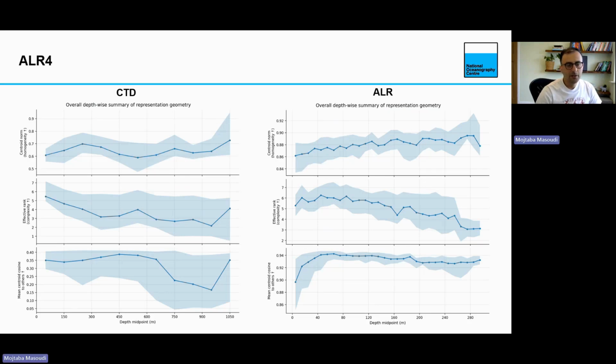And here we compare the depth bin profiling between the CTD data and the ALR data.